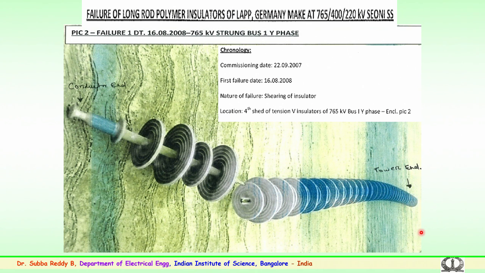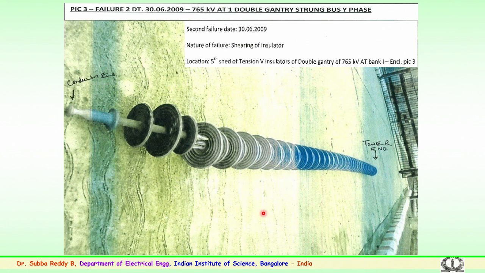These are some of the failures which have been reported because of brittle fracture. You can see after the fourth shed, over a period of time, the brittle fracture has happened and the detachment of the insulator has been observed in the field. So, very important.